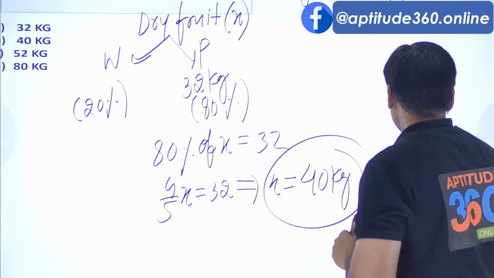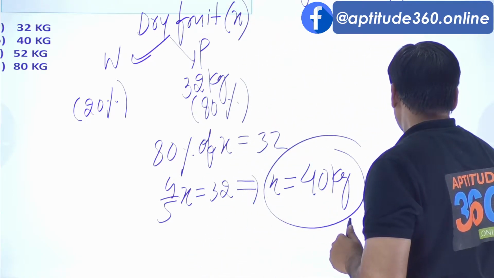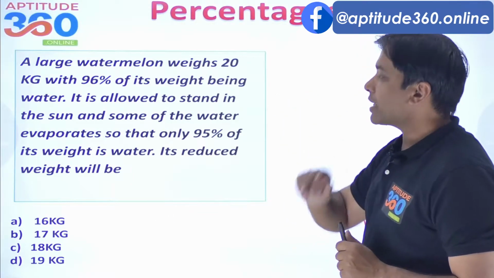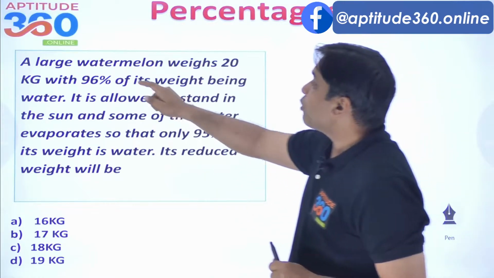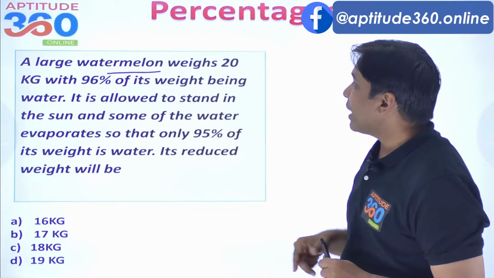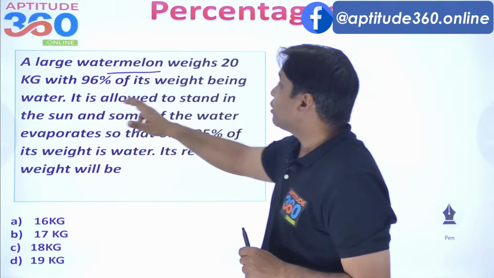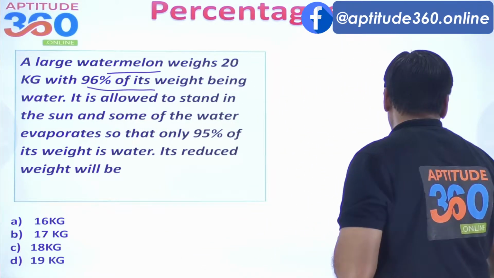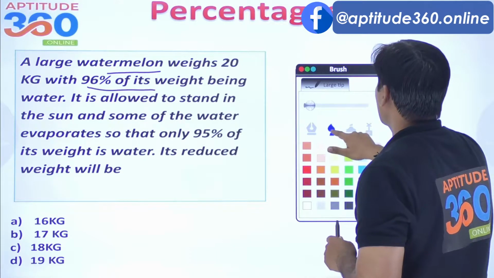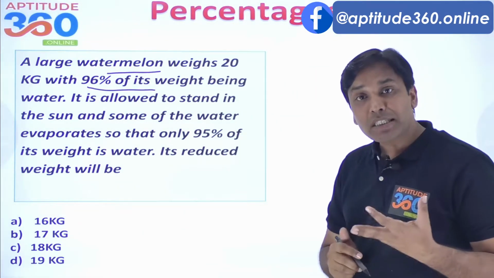ठीक है जी. Now if you understand this, read the second problem which is very similar to what we have solved. Problem बोलता है कि a large watermelon weighs 20 kilogram with 96% of its weight being water. If 96% is going to be water, how much is going to be the pulp?